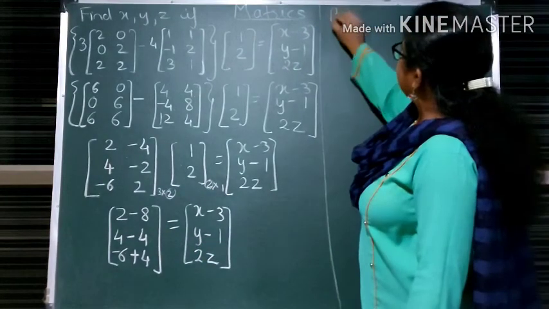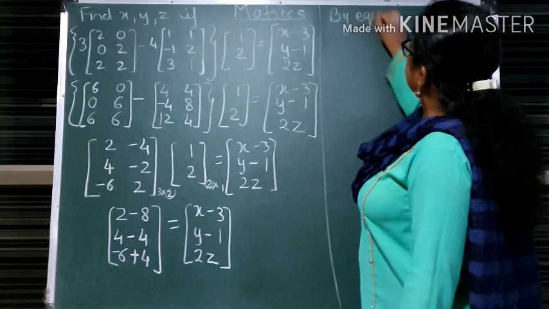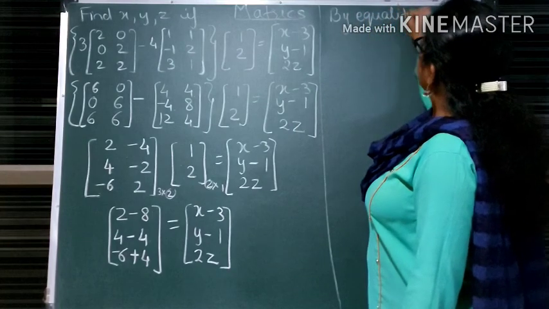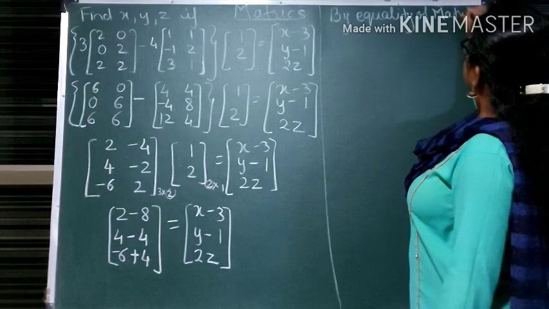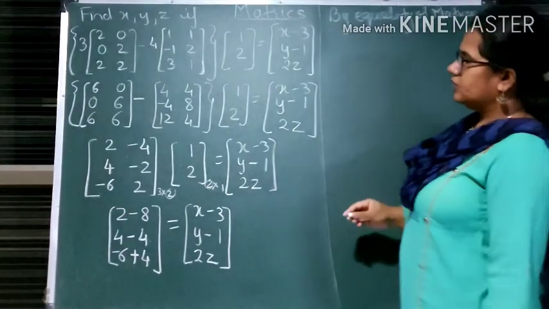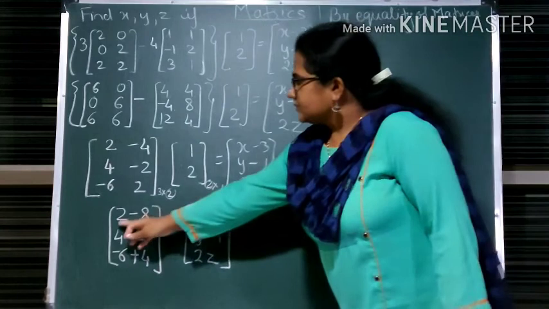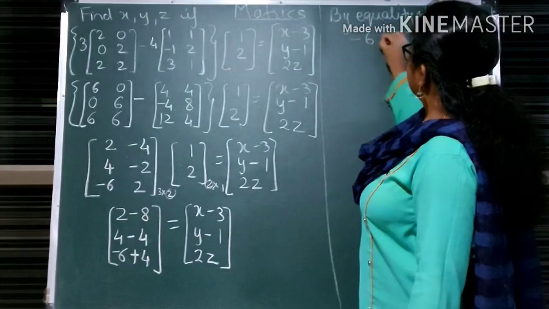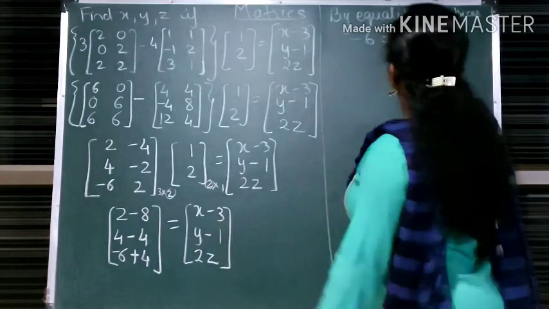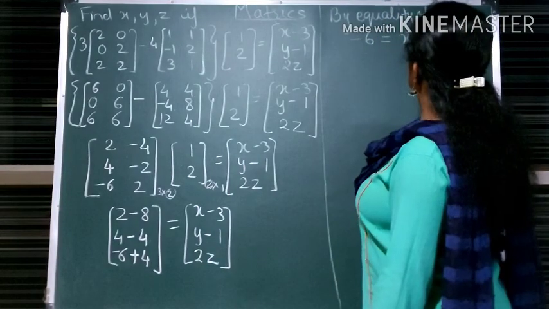So by equality of matrices, what do we get? 2 minus 8 is minus 6. So minus 6 equal to x minus 3.